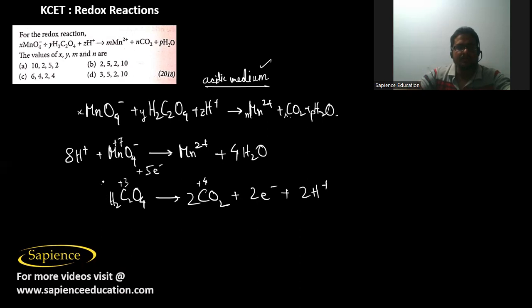So this we can multiply with 5, and this we can multiply with 2, and then we can add them.